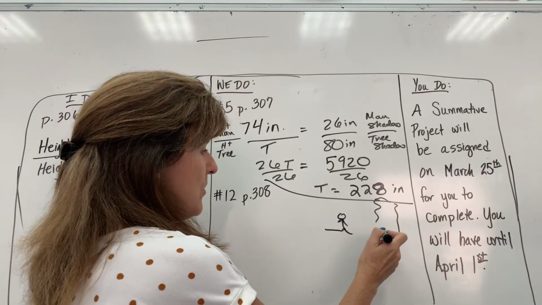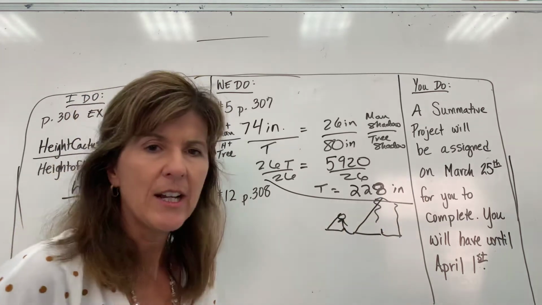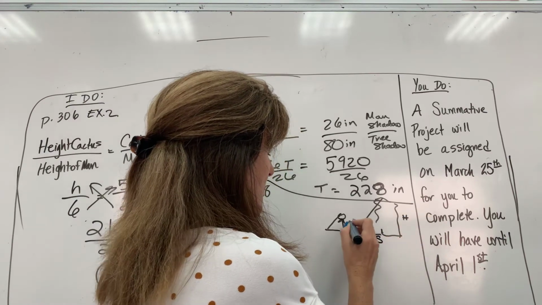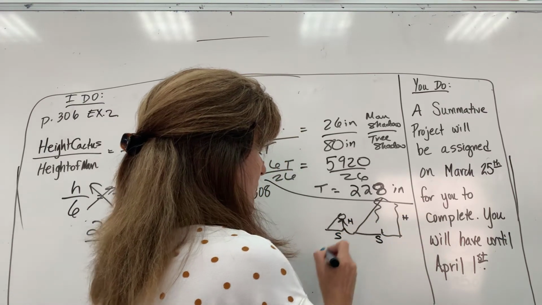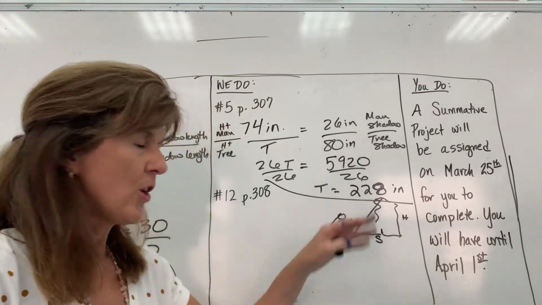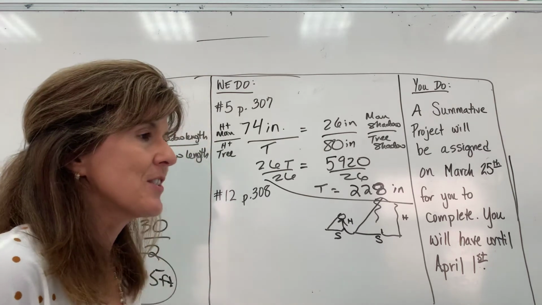Here's his shadow, and here's that shadow. And they form the triangle. So we want to know the height here, and the shadow, and the height here, and the shadow. So those sides are proportional. If you draw triangles, it falls in line with similar triangles.